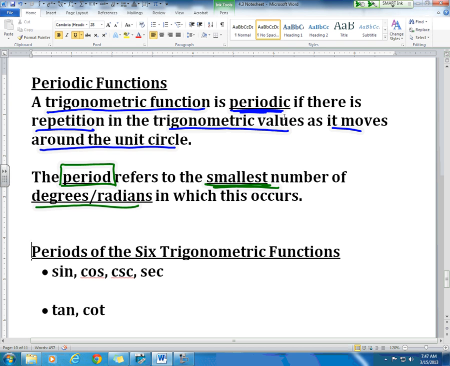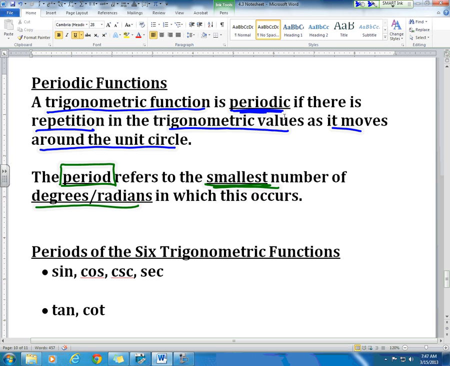Pull your trig chart out for a second, look at it, and see where the repetition actually occurs. If you look really closely, you're going to notice that there really isn't repetition for sine, cosine, cosecant, and secant within that chart.